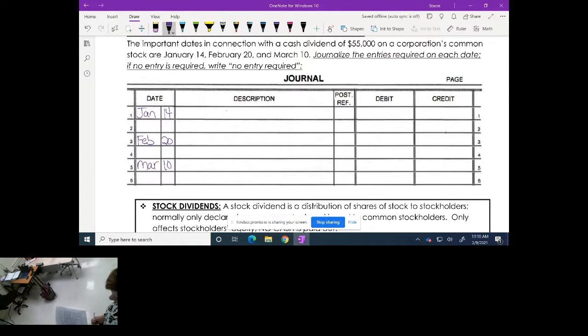All right, so on January 14 on this one, y'all done? This one's easy, it shouldn't take long. Cash dividends, $55,000. Cash dividends payable, $55,000.